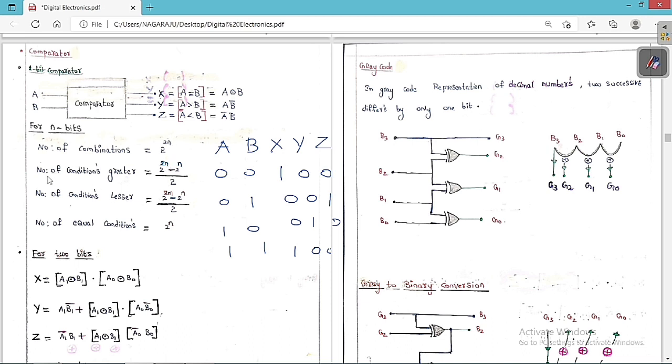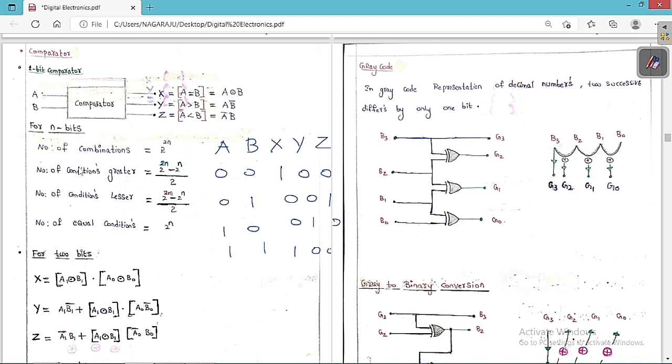Out of this, the number of conditions where A is greater than B is (2 to the power of 2n minus 2 to the power of n) by 2. The number of combinations where A is lesser is (2 to the power of 2n minus 2 to the power of n) by 2. The number of conditions that are equal is 2 to the power of n. So this is the point that you always have to keep in your mind.